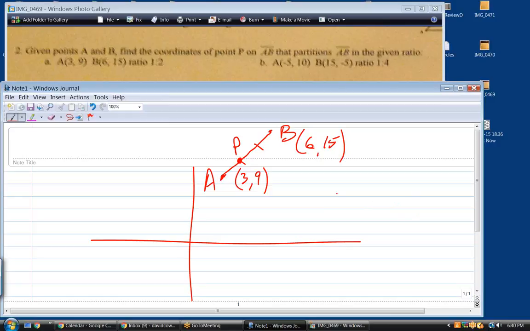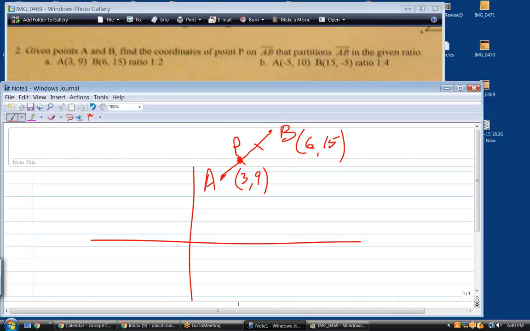I have another way. Let's talk about midpoint. If I was looking for the midpoint here, I would add the x coordinates and divide by 2, right? I would add the y coordinates and divide by 2. Well, in this case, I don't want the midpoint.